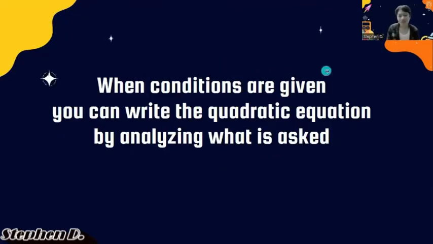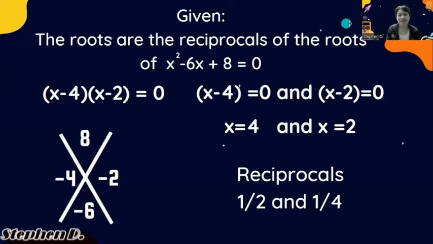When the conditions are given, you can write the quadratic equation by analyzing what is given. So here's our given: the roots are the reciprocals of the roots of x squared minus 6x plus 8 is equal to 0. So you're going to get the factors of that using quadratic trinomial, that is again from our first video. Make sure to watch it.